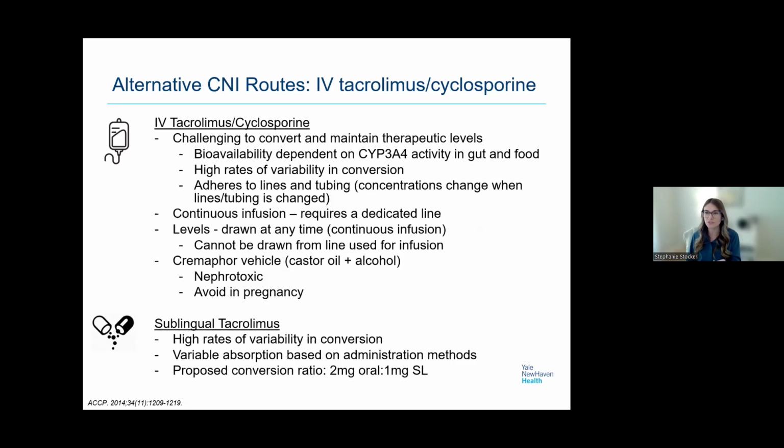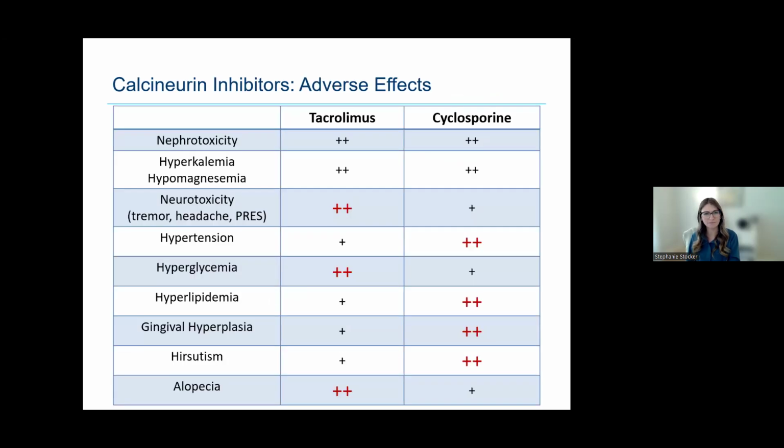One of your other options for folks is sublingual tacrolimus, and you still get some high variability because you're theoretically bypassing the gut metabolism, but it's much easier to convert folks than the IV formulations. And most centers are using a 2-to-1 conversion for this, but there's still quite a bit of variability, and you have to monitor levels really closely. And these two drugs have a fairly similar side effect profile.